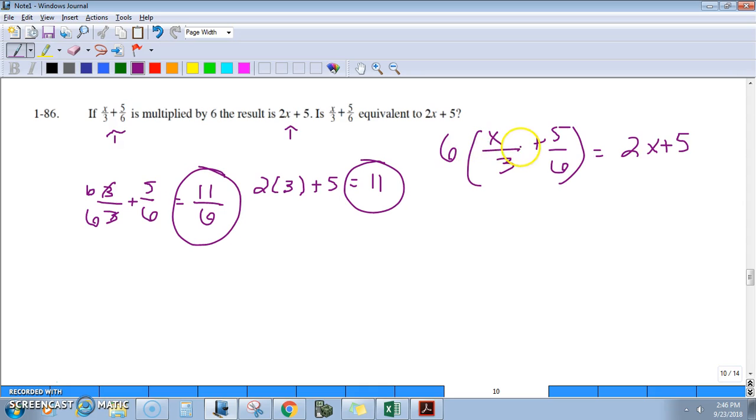What you do to one side, you have to do to the other. If that was the case, then I would also have to multiply this side by 6. So we could say that x over 3 plus 5 over 6 is equal to the other side times 6, right?